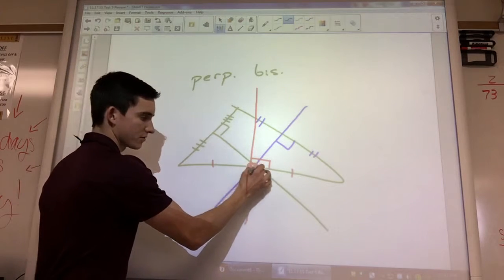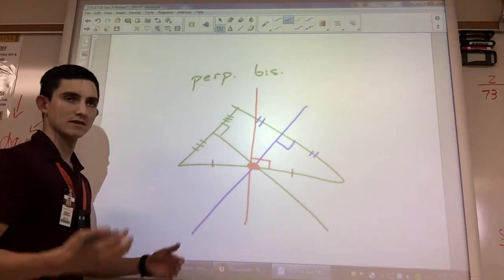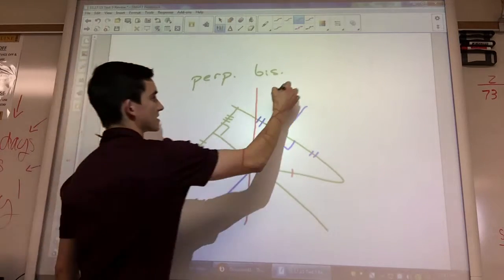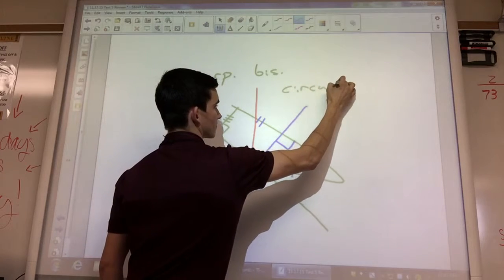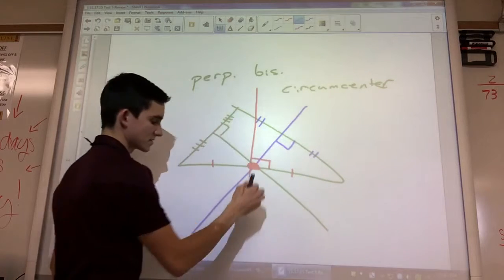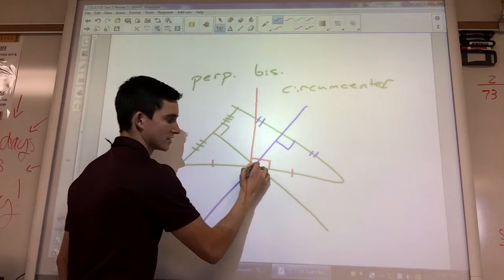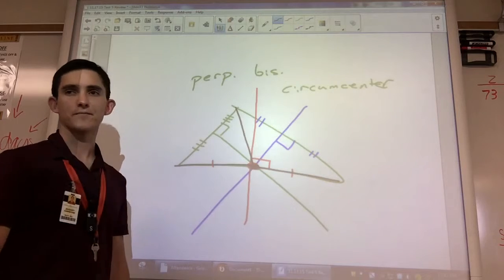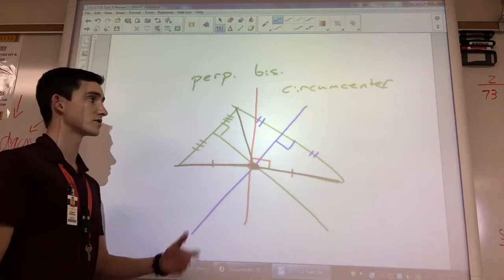And the point where all three perpendicular bisectors come together, that's called the circumcenter. And the distance from the circumcenter, this point, to all the vertices should be the exact same. That's the special property with circumcenters.